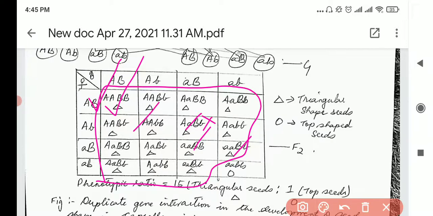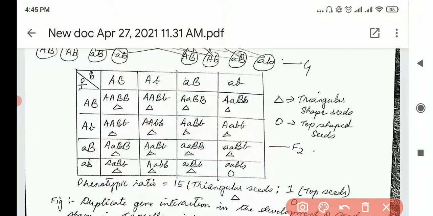Only capital A, also triangle. So they are duplicate. Whether A is present or B is present, they do the same work. No one is more powerful than the other. We see a different seed shape only when they are in the recessive state.